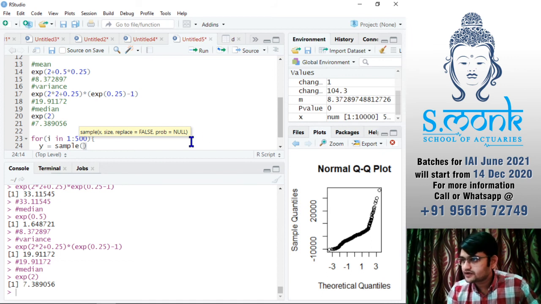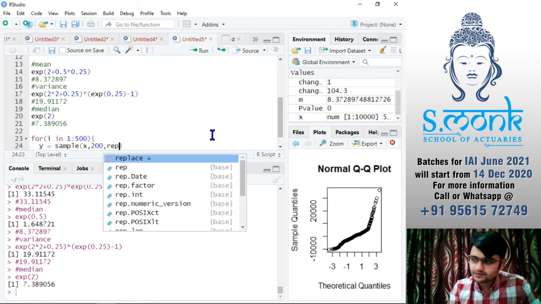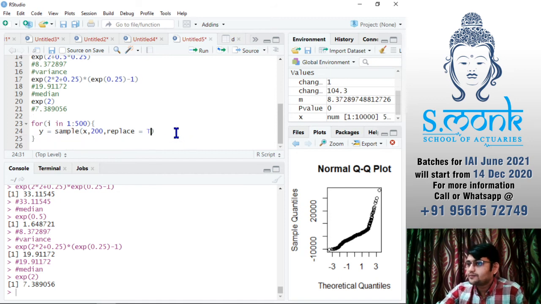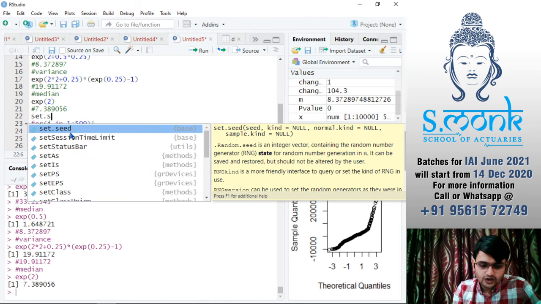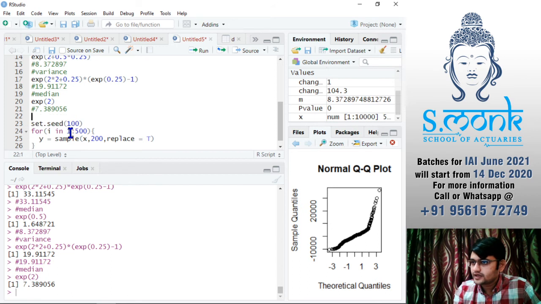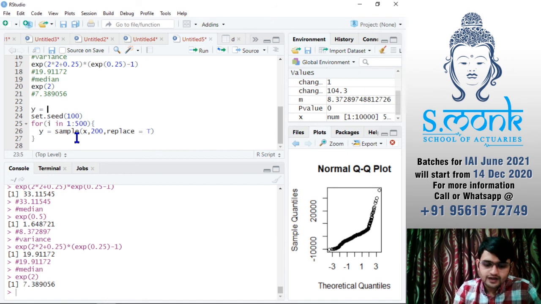The size is 200, and I want replacement: always replace true when we are taking samples. This way I will have 500 samples. Before I take this sample, I need set.seed 100, then I should define any variable that I'm using. So I'll say y is equal to NULL.